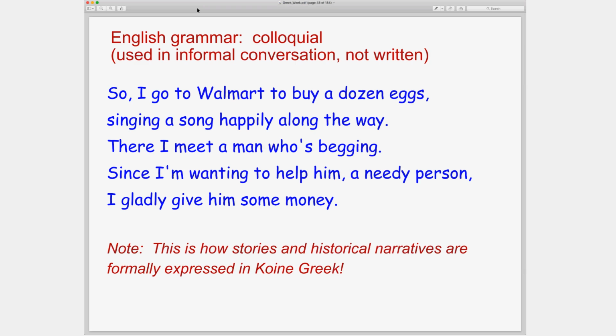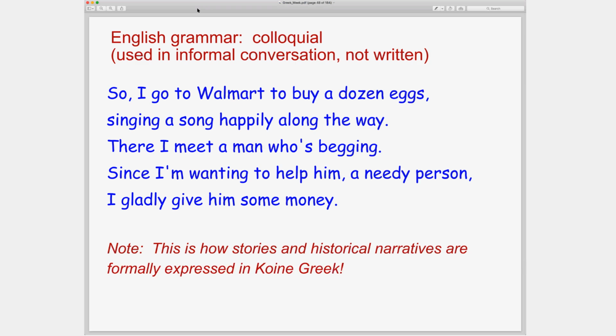So I go to Walmart to buy a dozen eggs. Now I'm singing a song happily along the way. And there I meet a man who's begging. And since I'm wanting to help him, since he's a needy person, I'd gladly give him some money. Okay. I could talk to you like this.